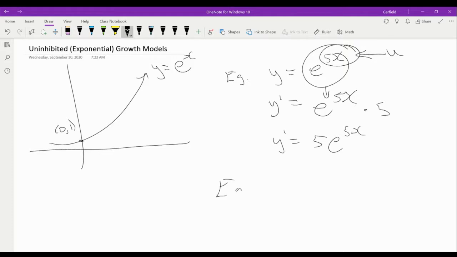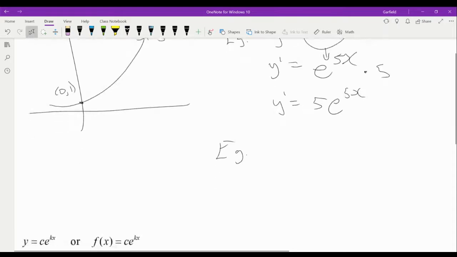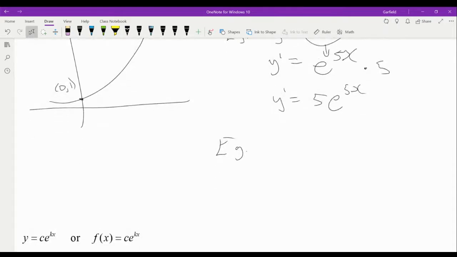One more example, or maybe two more. So y is equal to 6 e to the 7x. What will be the derivative of that? 42. And how did you get that?